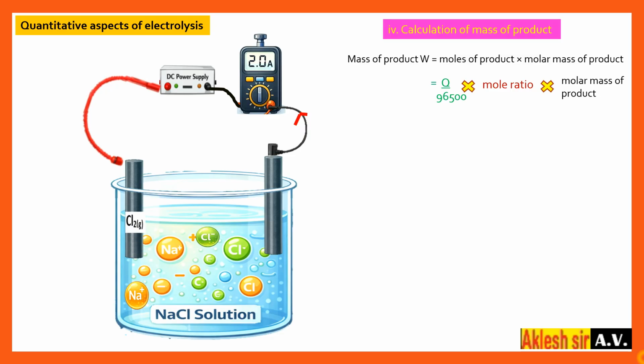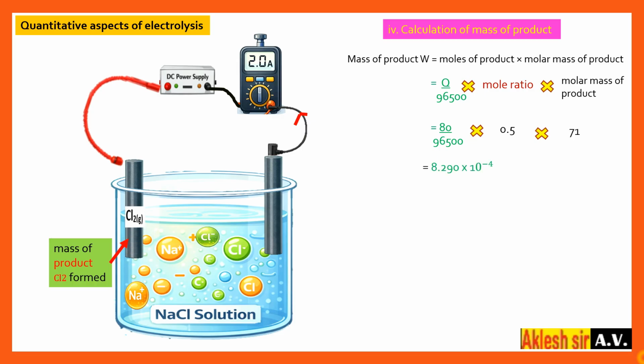To calculate the mass of chlorine gas liberated, substitute the value of Q equals 80 coulombs, divided by 96,500, multiplied by mole ratio 0.5. Molar mass is 35.5 times 2, that is 71, which is equal to 8.290 times 10 raised to minus 4 multiplied by 0.5 multiplied by 71 equals 294.295 x 10 raised to minus 4, which is equal to 2.94295 times 10 raised to minus 2 gram.